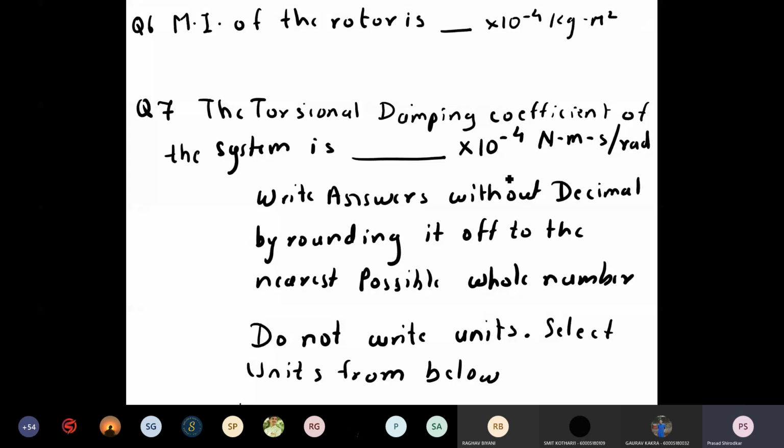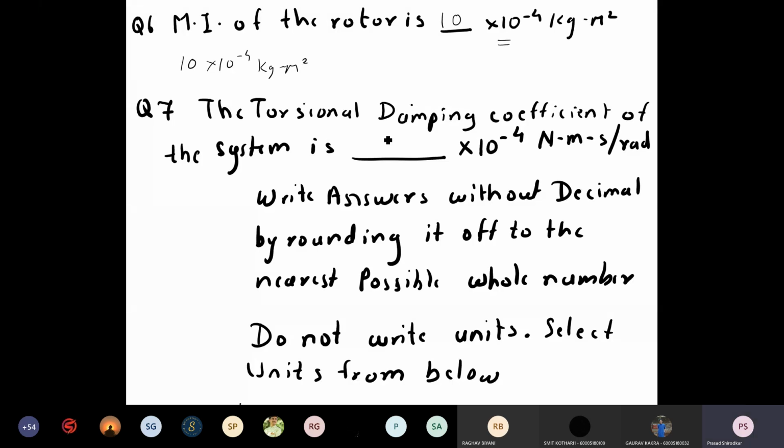Alright. So Mi of the rotor is, now here when you are writing the answer, see it is already multiplied to 10 raised to power minus 4. So suppose your answer comes 10 into 10 raised to minus 4 kg meter square, just enter the value 10 in the blank.